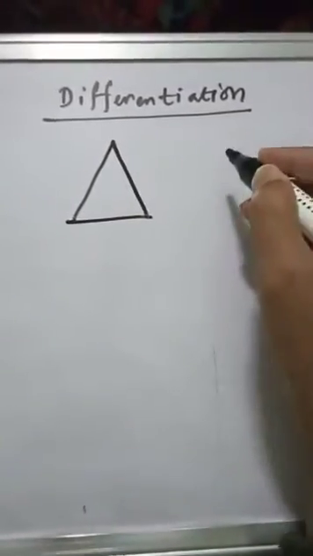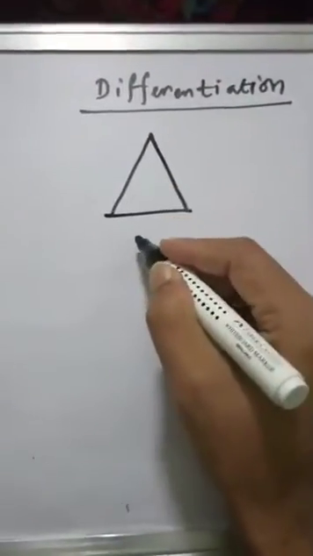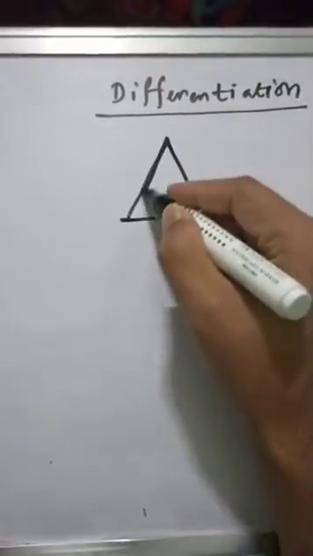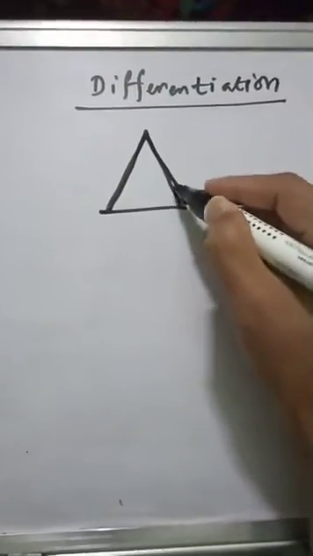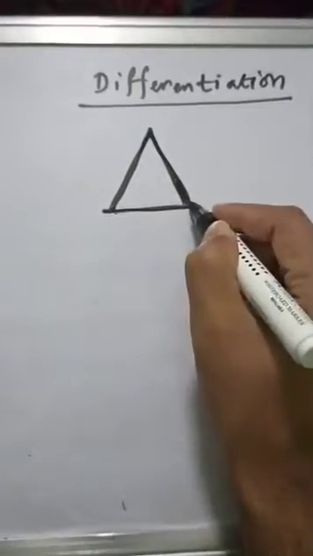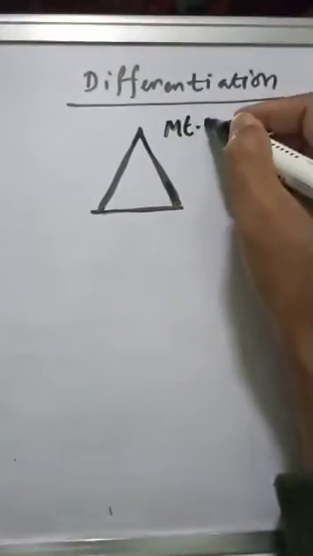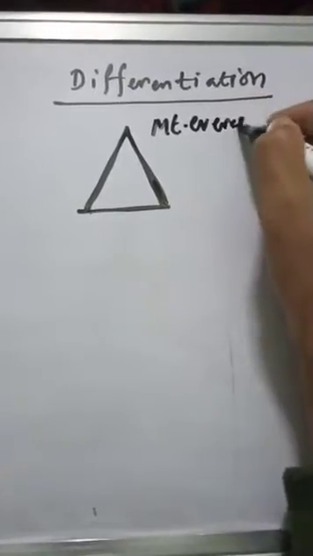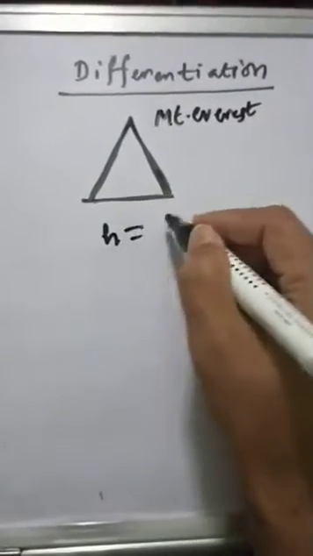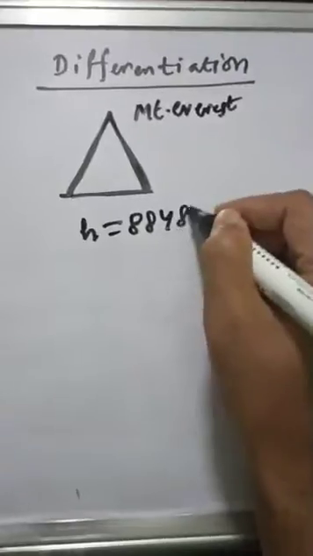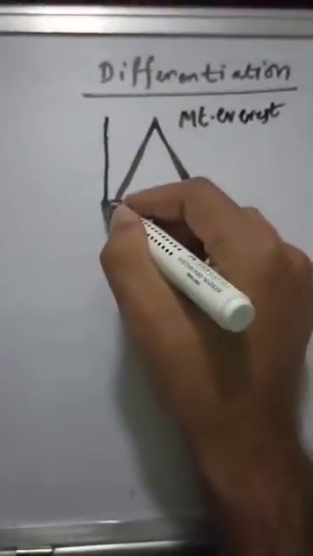Okay, it is a mountain. Okay, Mount Everest. What is the height? 848 meter, right?